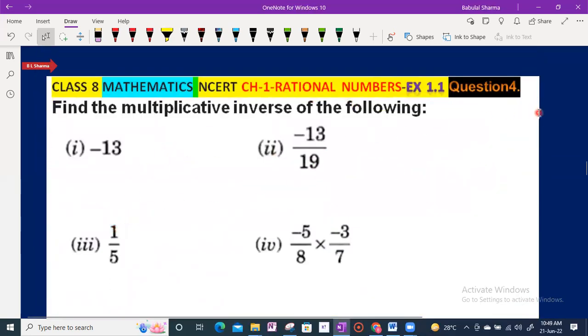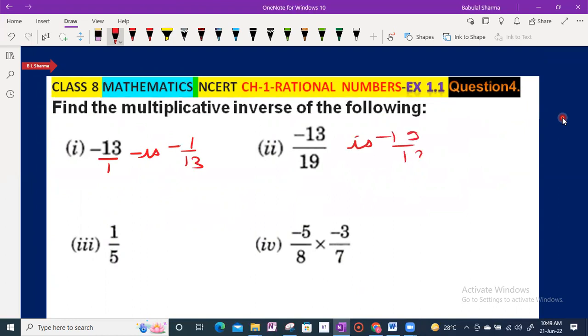Find the multiplicative inverse. Multiplicative inverse means reciprocal. Minus 13 can be written over 1, and its multiplicative inverse is minus 1/13. You only take its reciprocal. Its multiplicative inverse is minus 19/13.